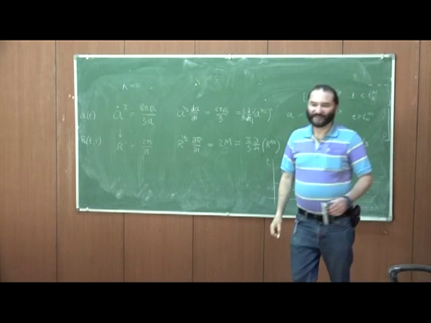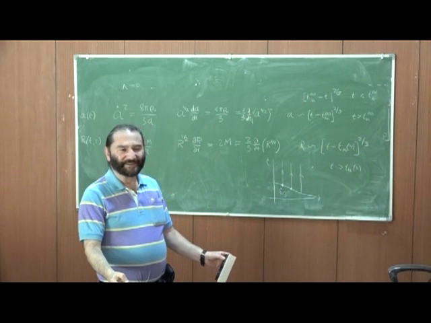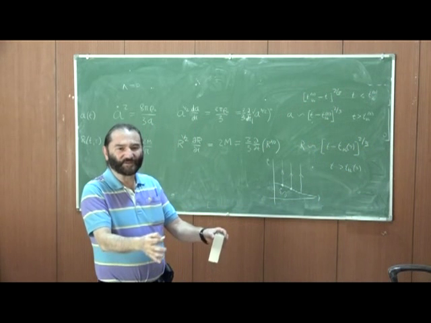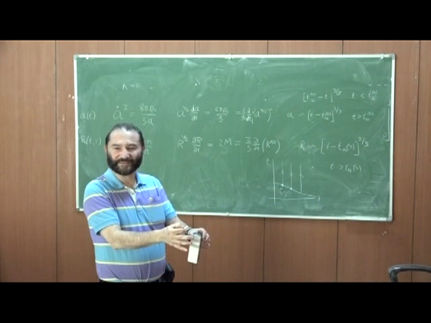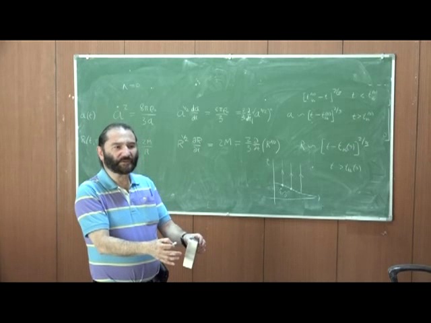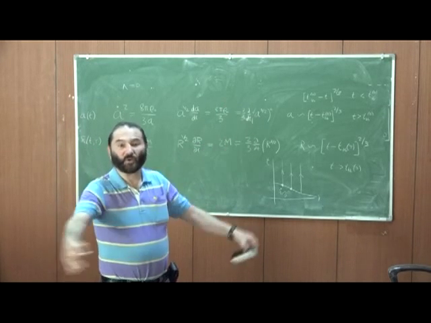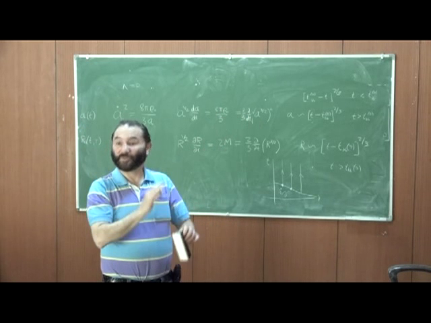So what would this be? As time goes on, the spheres become smaller and smaller. So what's this? Collapse. So these solutions can describe expansion or collapse, both of them.